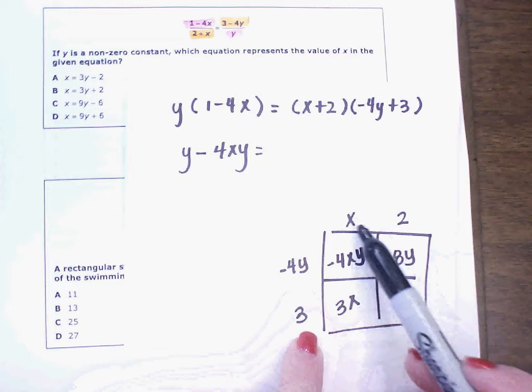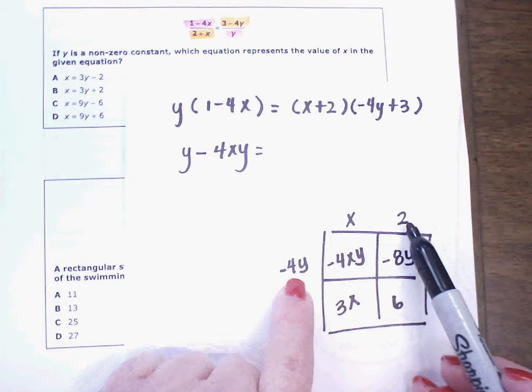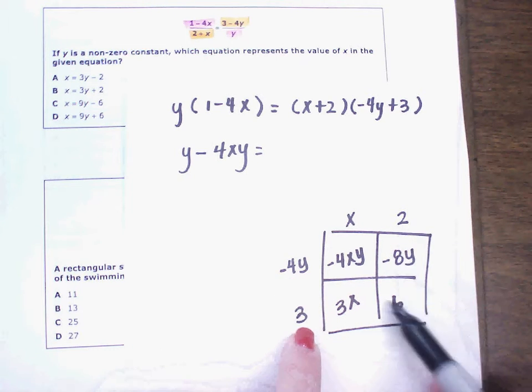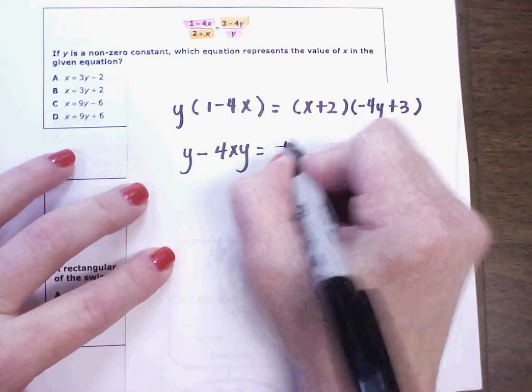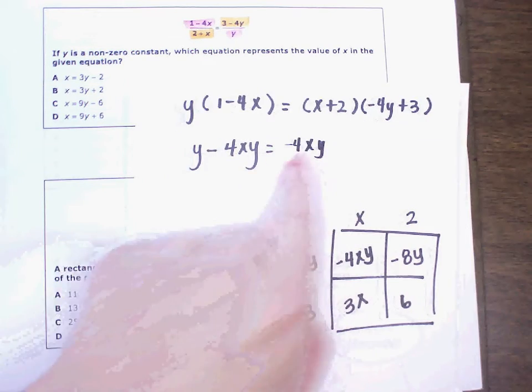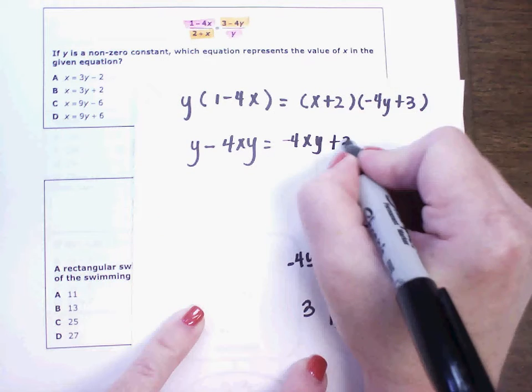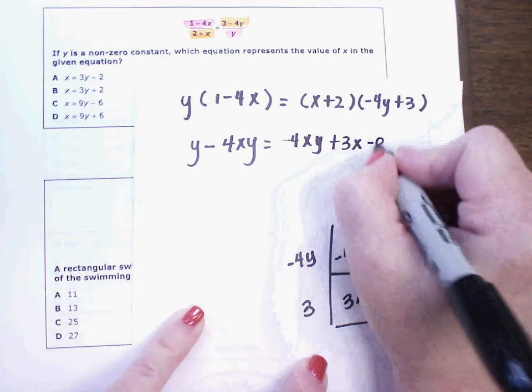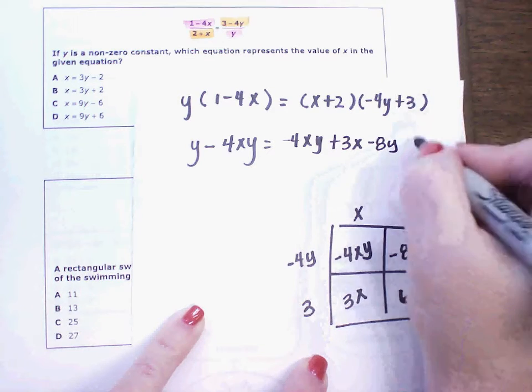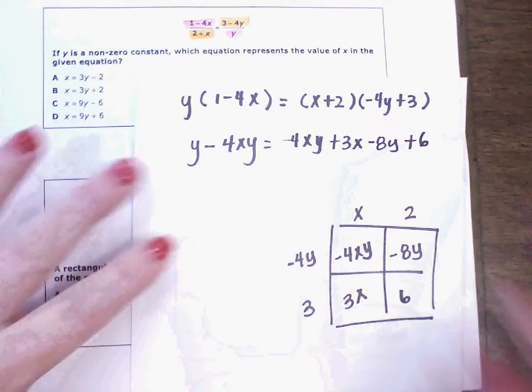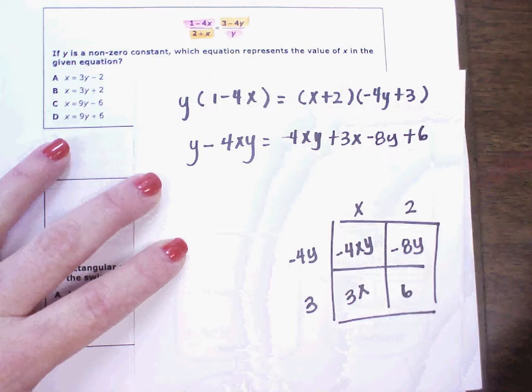So minus 4xy, 3x, negative 8y, and then 3 times 2 would be 6. So this is negative 4xy, and it's perfect because it's going to cancel. 3x minus 8y, because I cannot add those. They're different things.